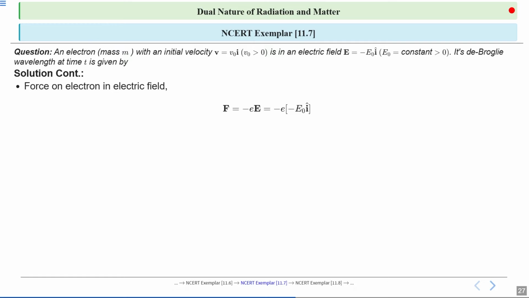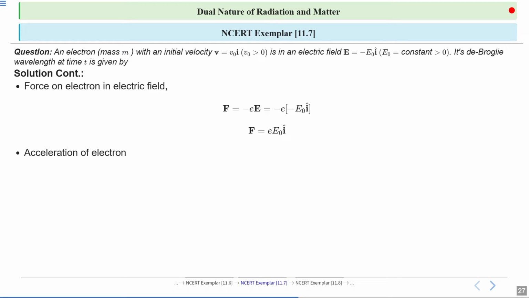And what is capital E given? Capital E is equal to minus E naught i cap. So we will put this. So substitute the value. Okay, so it will become F equal to e capital E naught i cap.